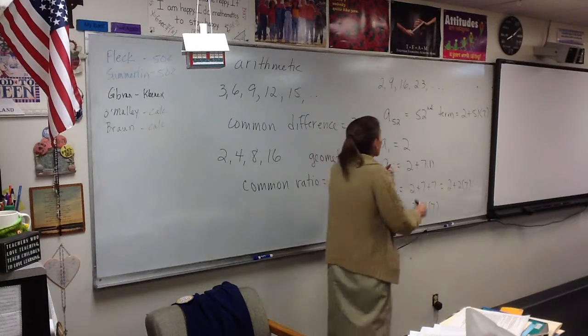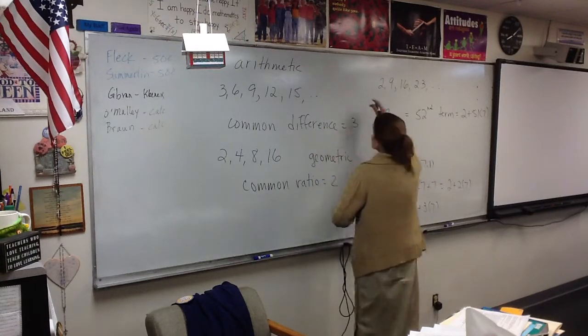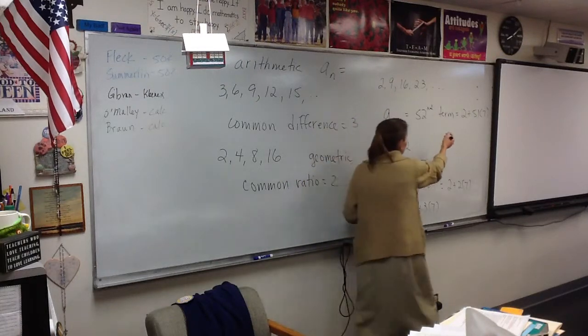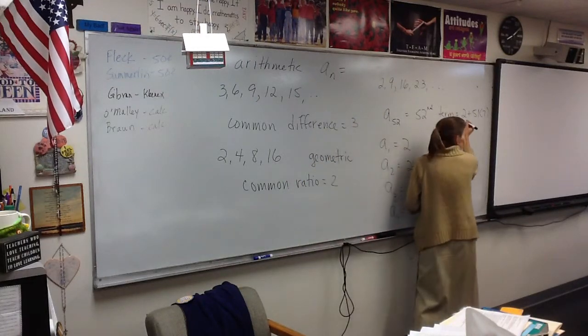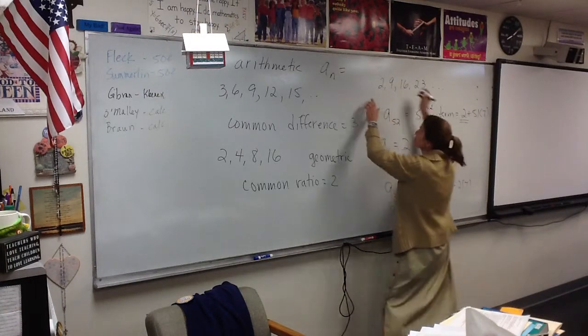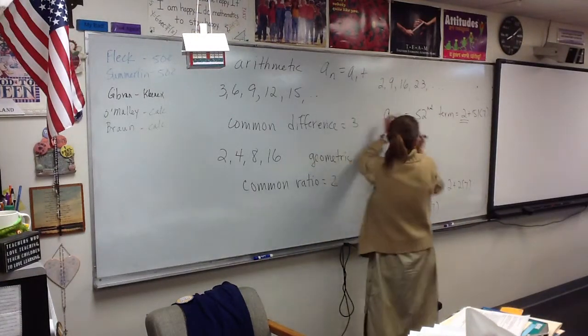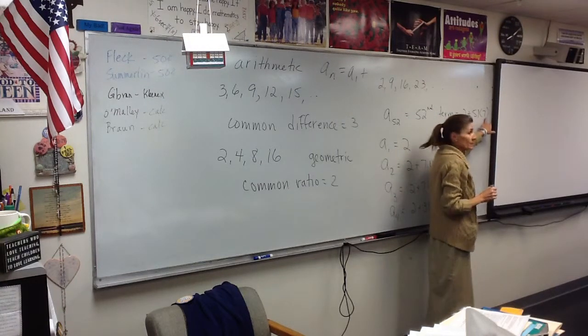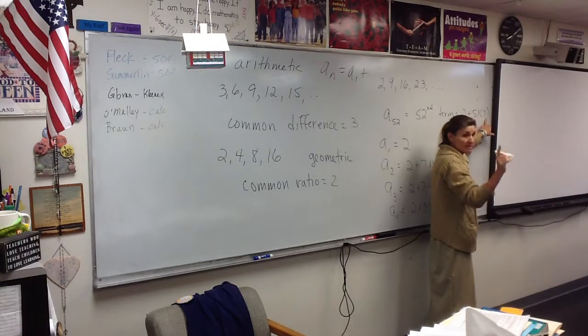So in general, to find the nth term, to find the 52nd term, what did you do? You took A1, the first term. And what did you add to it? What's the 7? That's the common difference.